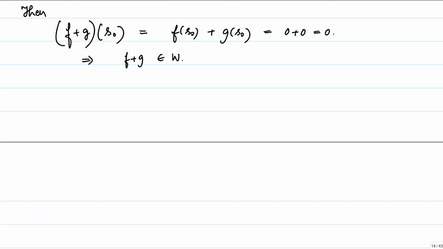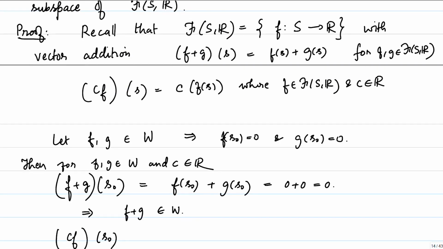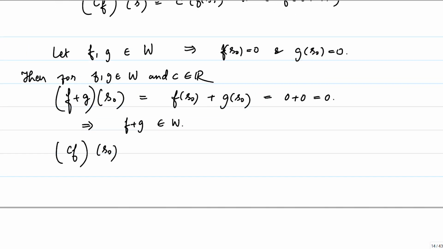How about scalar multiplication, c f at s naught? This is for f in W and c in R. c f at s naught is equal to c times f of s naught, but f is in capital W means that f of s naught is 0.